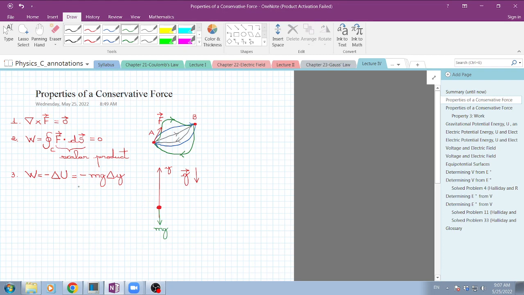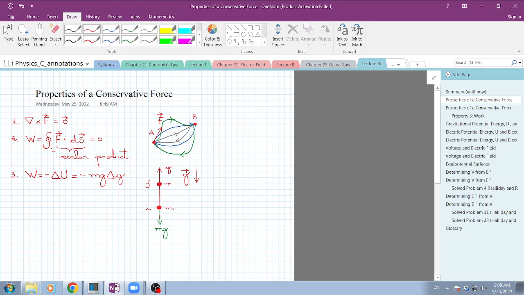So the work done here is just the weight, just the variation in this. We call this potential energy. We just have this. That's the easiest way to calculate. Because now you just have to consider one of the points as a reference.